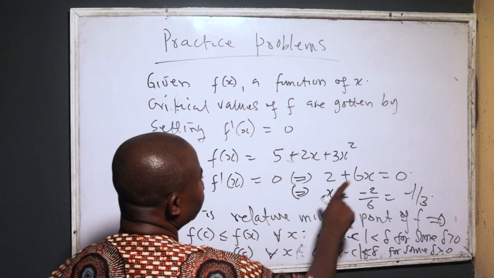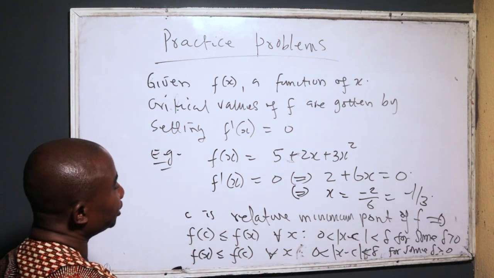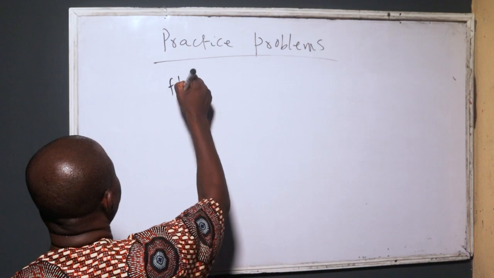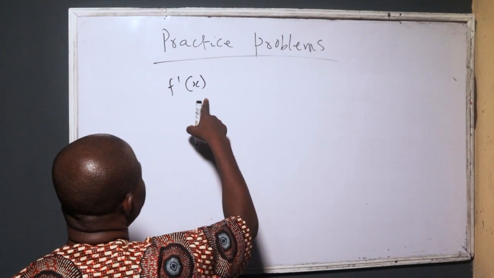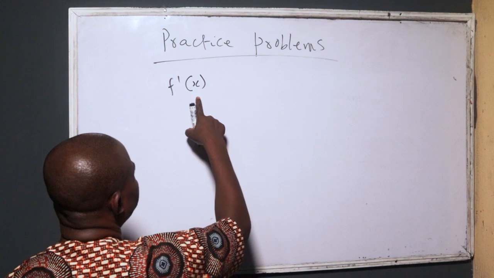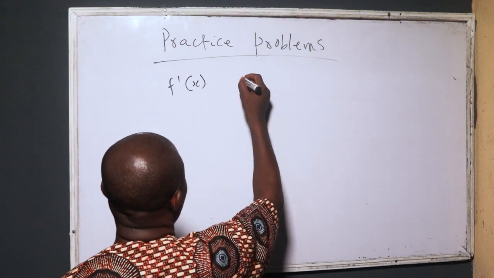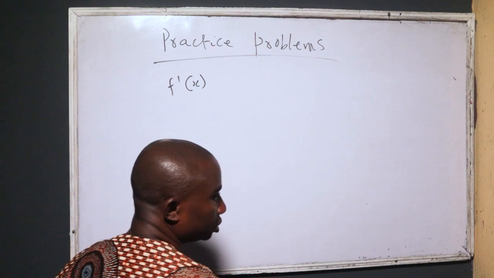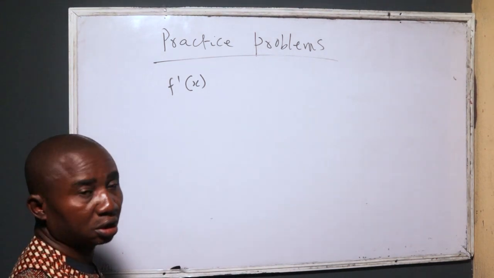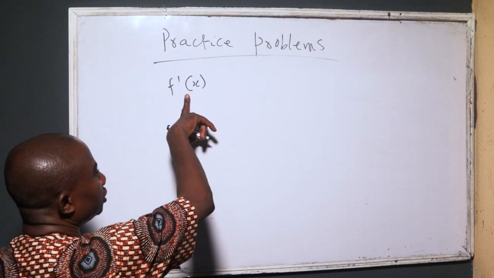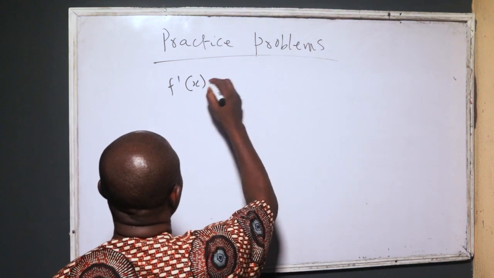Immediately we find the critical values of the function, the next thing to do is to check the derivative of this function. We watch the sign of the derivative of f to the left of the point C.